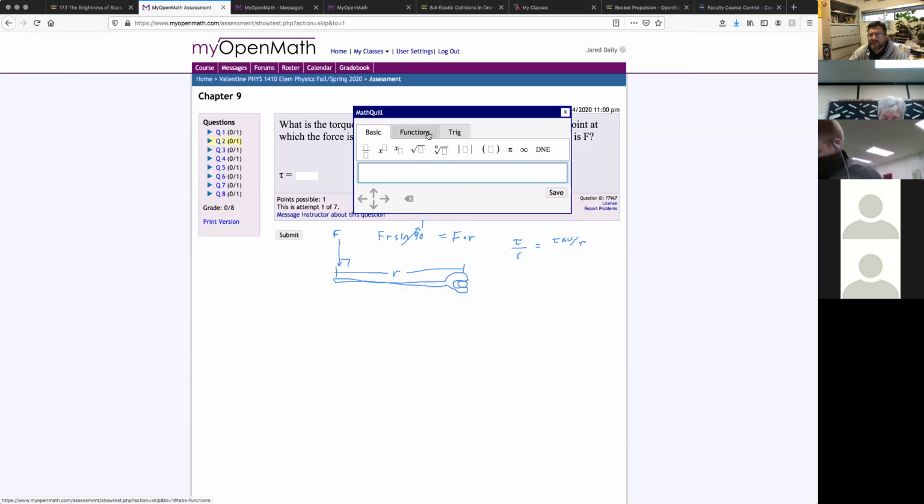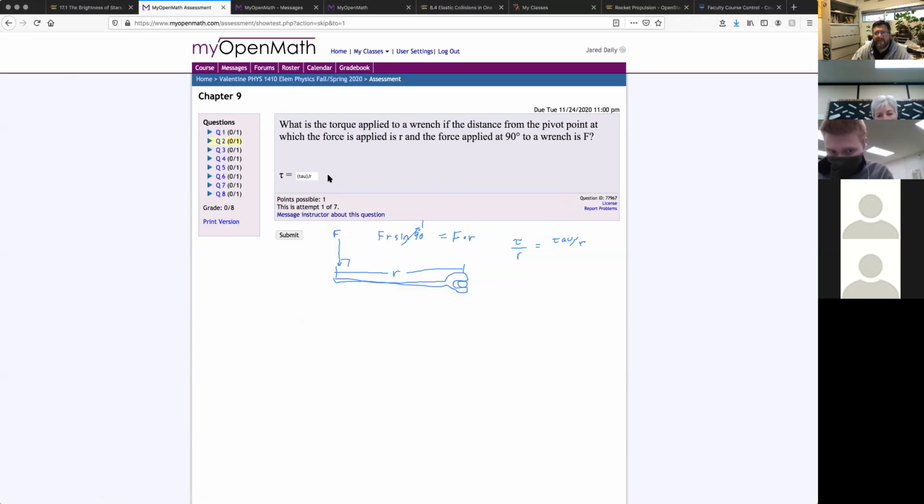Let's see, do they give you a tau? Doesn't look like it. So you actually have to write in tau divided by R, like that. Okay, that should work.